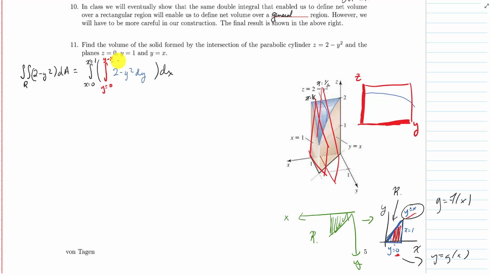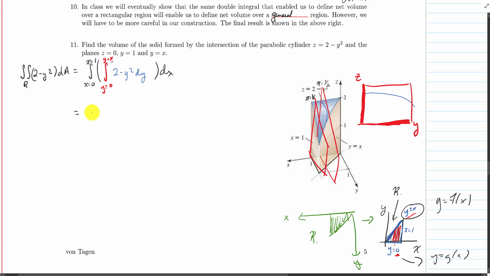That is the hardest part of this, and then everything else is just computing the iterated integrals as we've already learned to do. Let me go ahead and finish this problem out. This would be the integral from x equals 0 to x equals 1 of, if we integrate with respect to y first, 2y minus 1/3 y cubed, evaluated from y equals 0 to y equals x, dx.